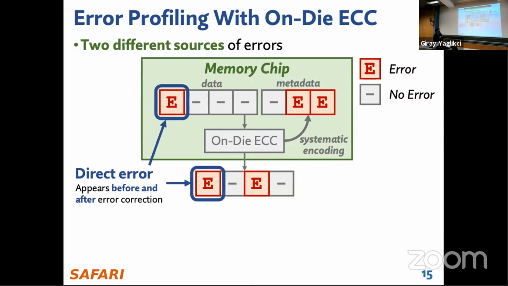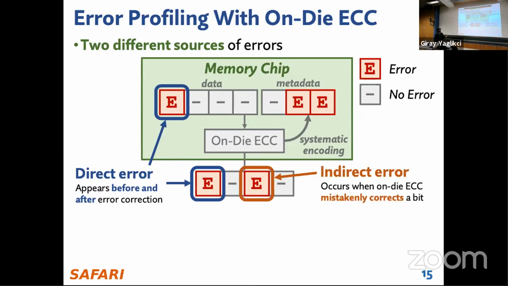In this type of system, let's say we observe this error pattern at the interface. I'll talk about the 2 different types of errors. We again have the direct error, which corresponds to the exact bit position within the data bits, and it appears before and after correction. However, we have another type called an indirect error. This occurs when on-die ECC mistakenly corrects a bit, because on-die ECC is dealing with an uncorrectable error pattern.